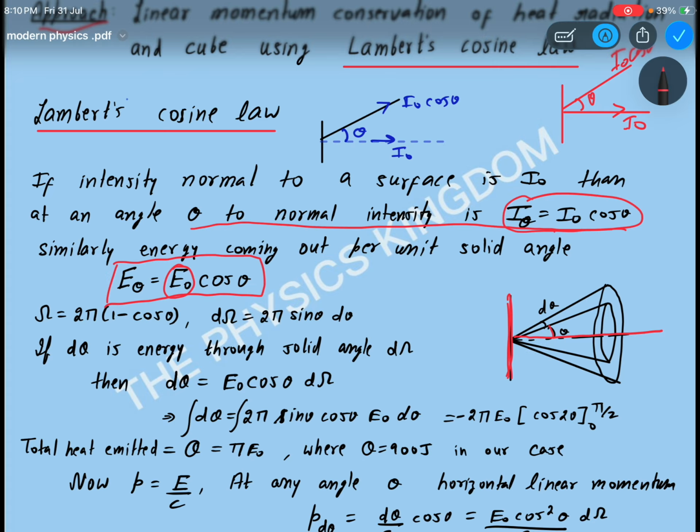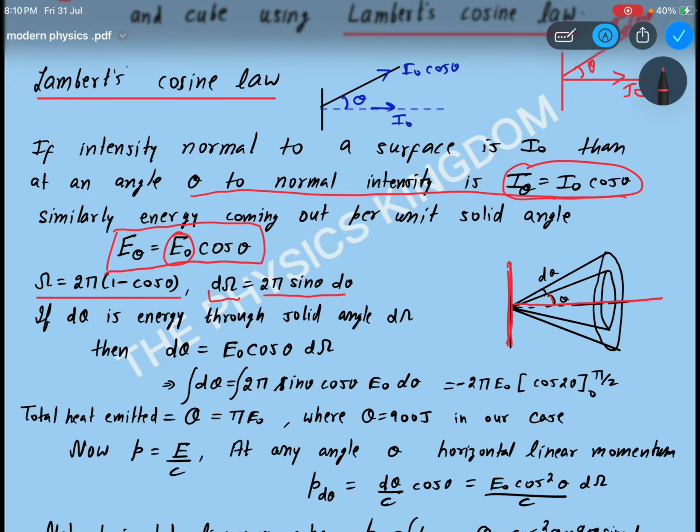Okay, beta. Now the solid angle for any angle theta is 2 pi (1 minus cos theta), right? So this is the solid angle formula, and for a small solid angle you get its derivative.